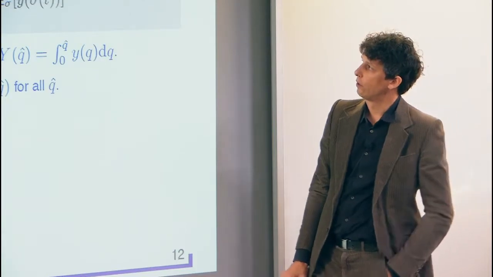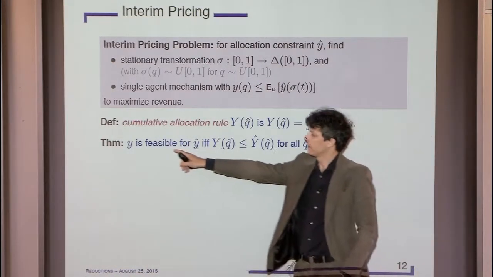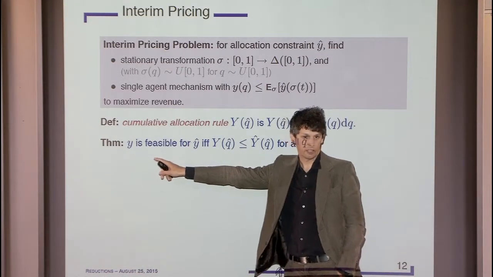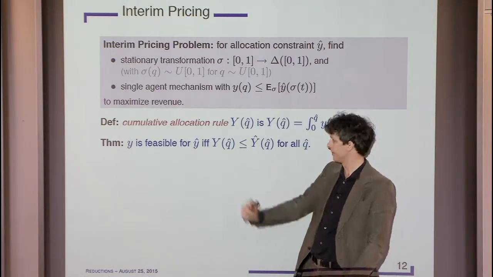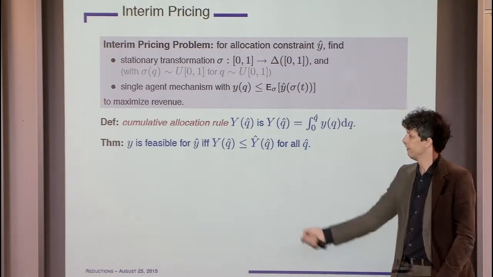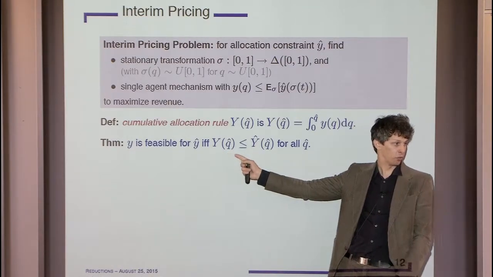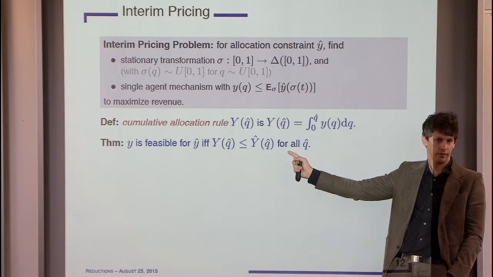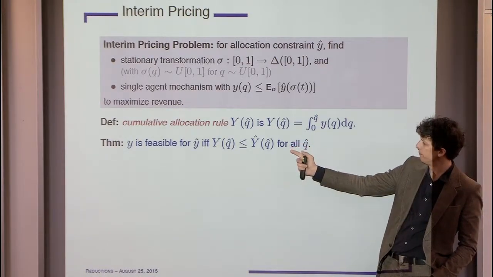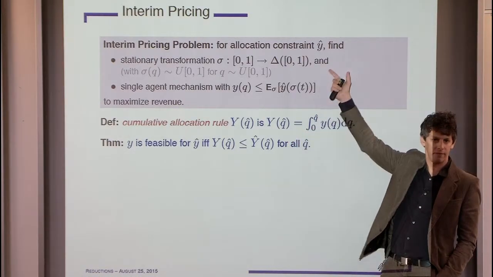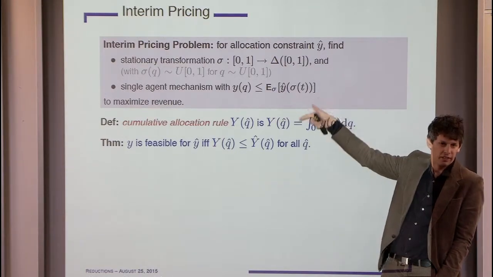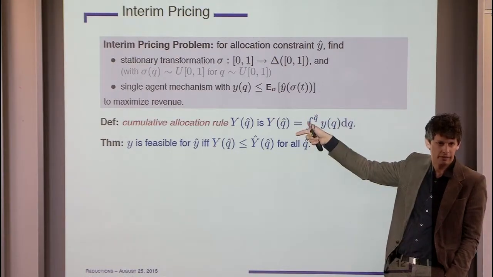Okay. So the allocation rule y is feasible for allocation constraint y hat if and only if the cumulative allocation rules satisfy the pointwise domination condition. This basically asks for majorization, if you want to think of it that way.